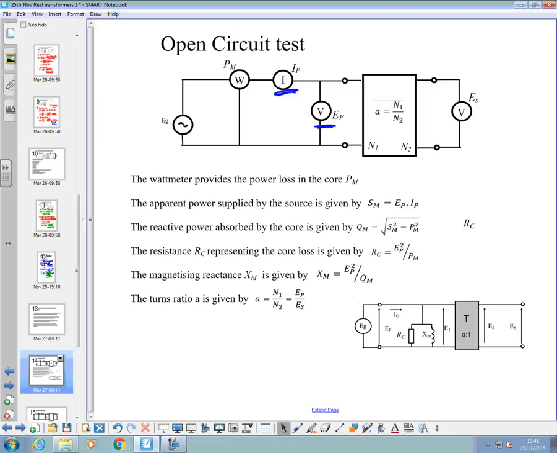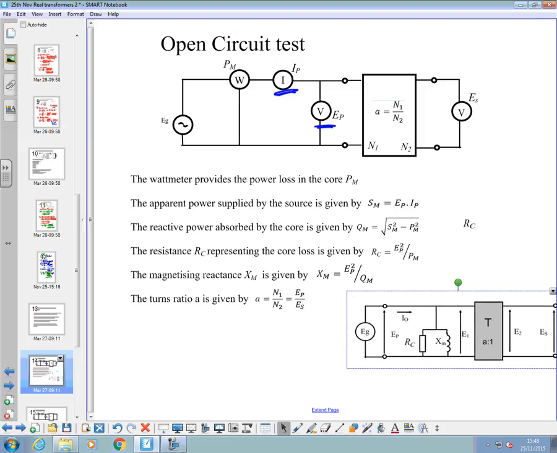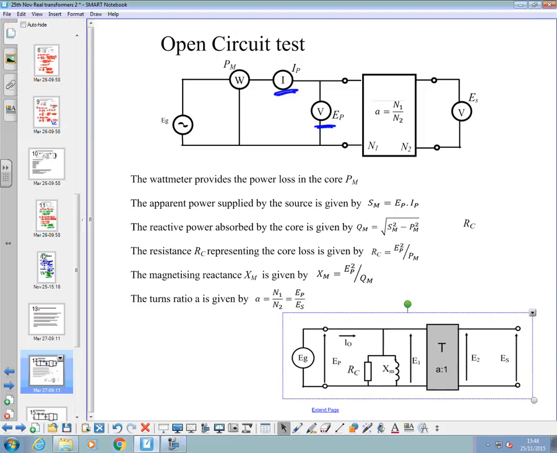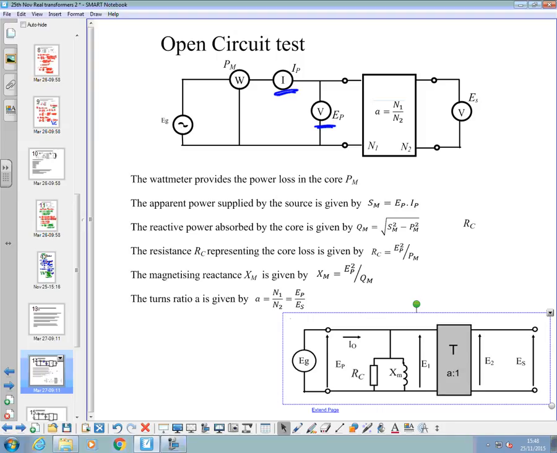That gives us a model like this one down here, where we can include the values of RC, XM, primary secondary voltages and turns ratio A. So we could then model the off-load situation of that transformer. You all happy with that?